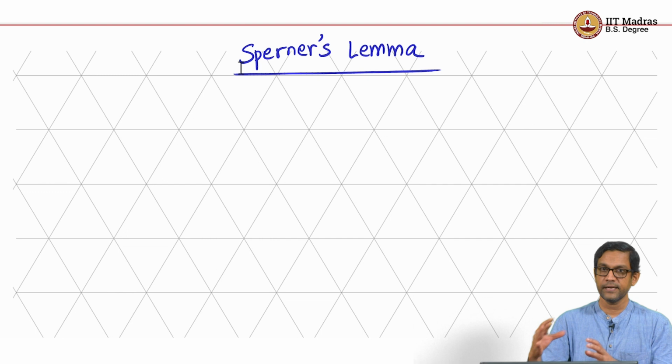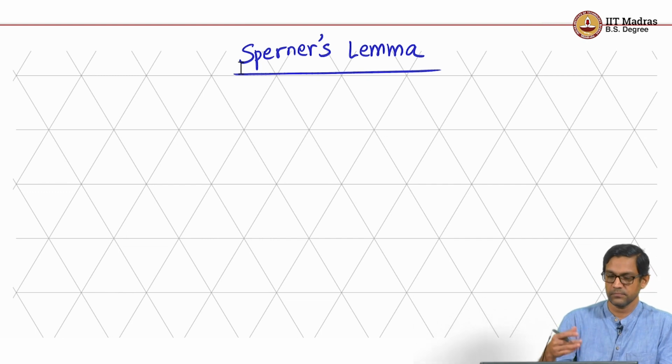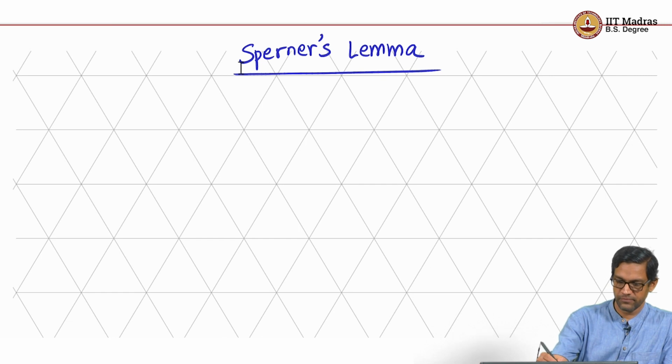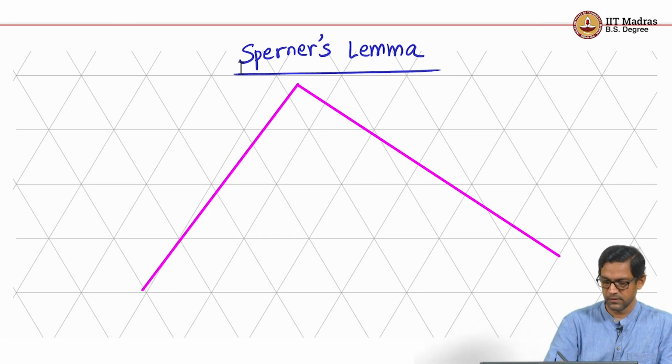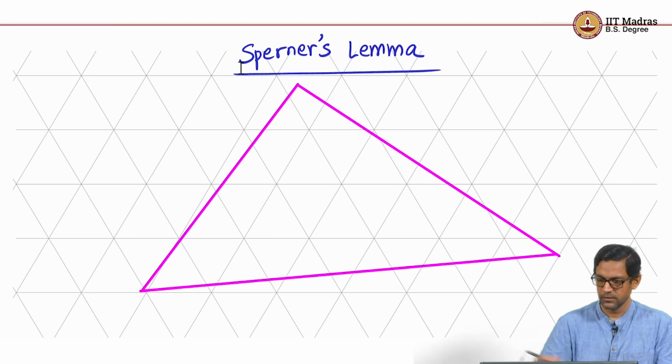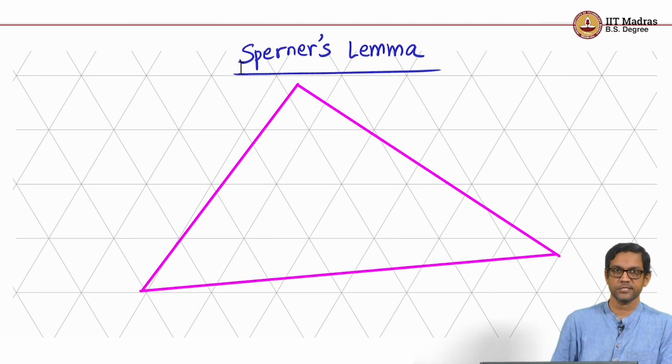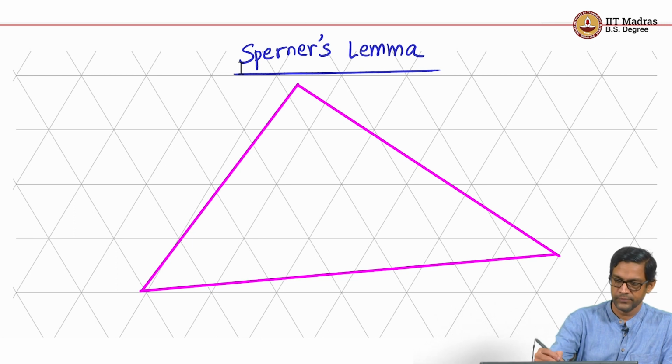We never really needed the fact that the triangles were equilateral, for example. So Sperner's lemma would also hold if the underlying triangle that we have is not necessarily equilateral, just some random triangle, and with the following sorts of subdivisions.